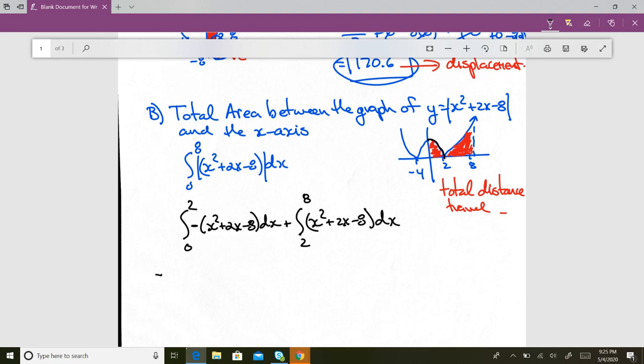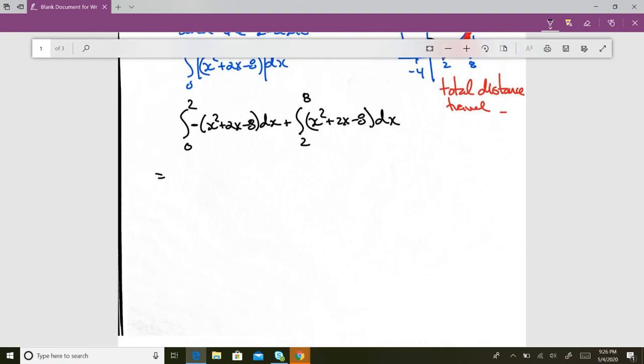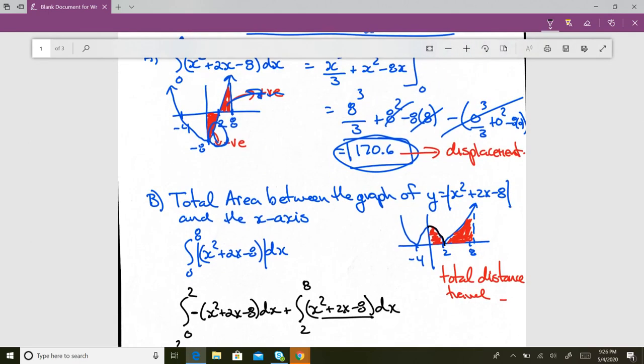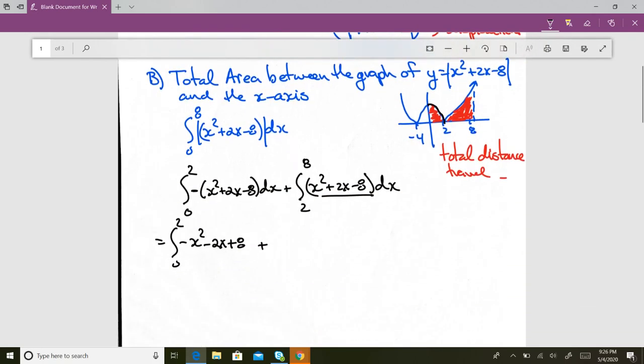So then you just solve them. You can pull the negative out or you can dump it in. It's totally up to you. So we can go negative x squared minus 2x plus 8, that integral. Plus you know that this integral is going to be this. So I'm just going to write that. X cubed over 3 plus x squared minus 8x evaluated from 2 to 8.